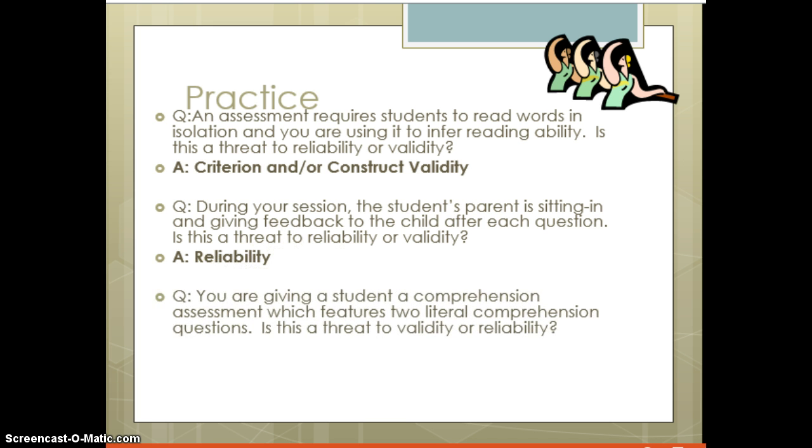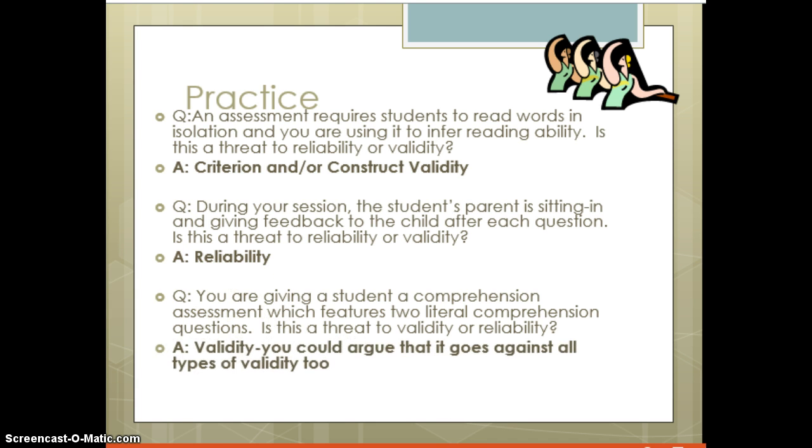You're giving a student a comprehension assessment, which features 2 literal comprehension questions. So would this practice in itself be a threat to validity or reliability? And so the answer there would be validity. And you could actually argue that it goes against all types of validity too, right?